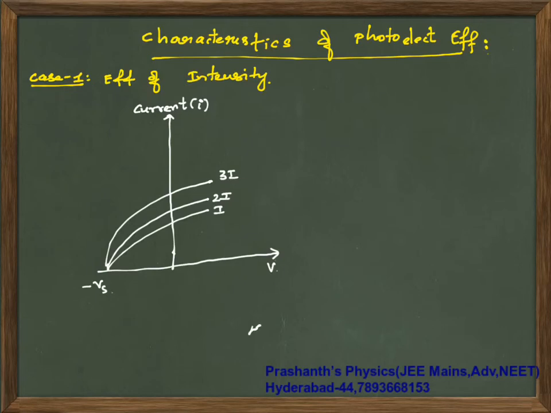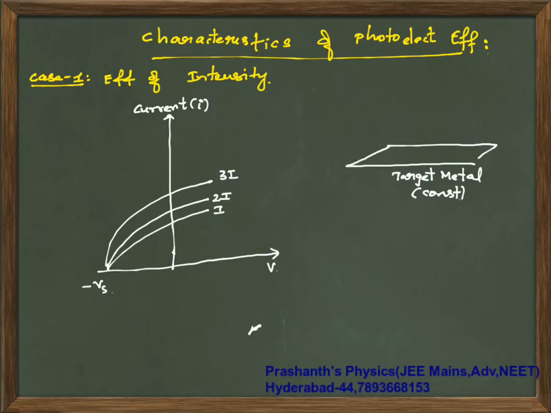For this part, you are changing the intensity but keeping the target metal constant. To this target metal you are sending three colors.